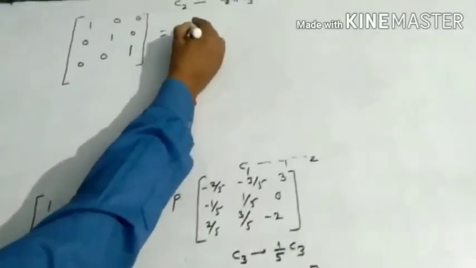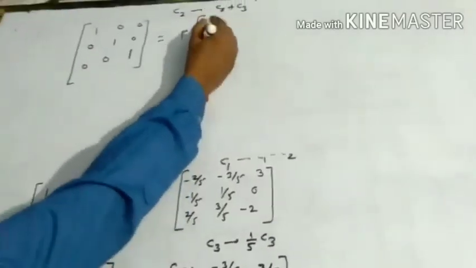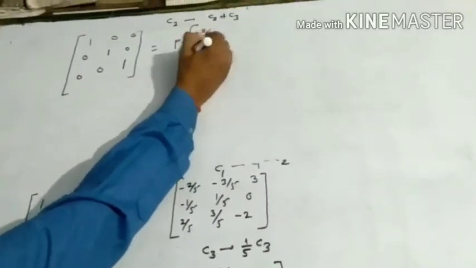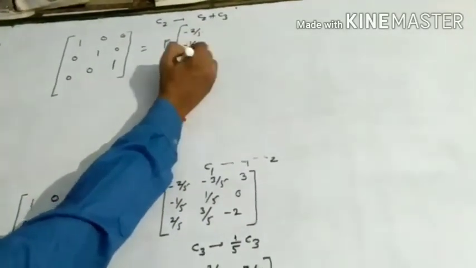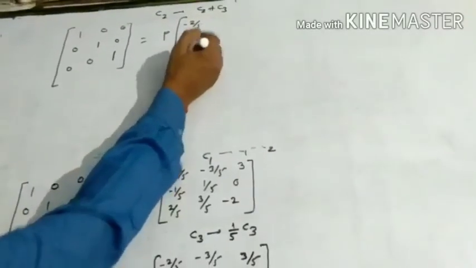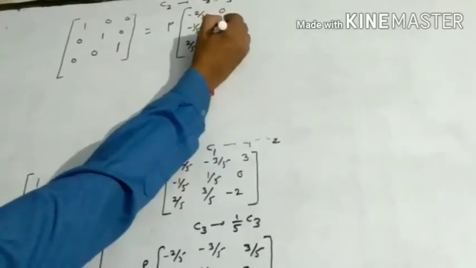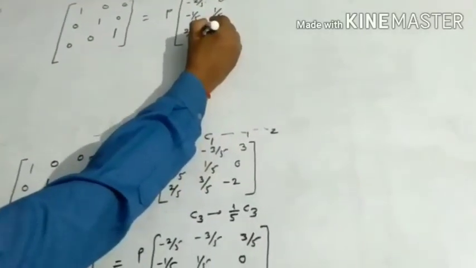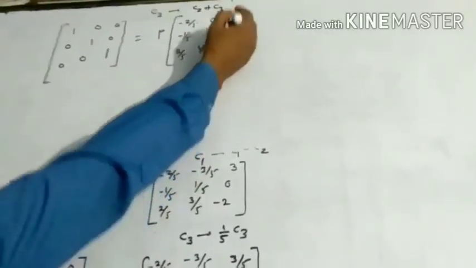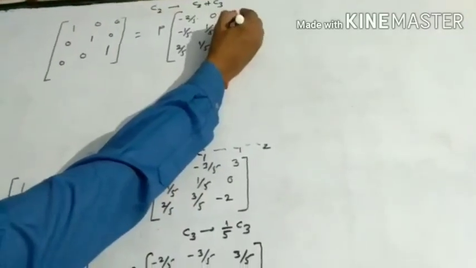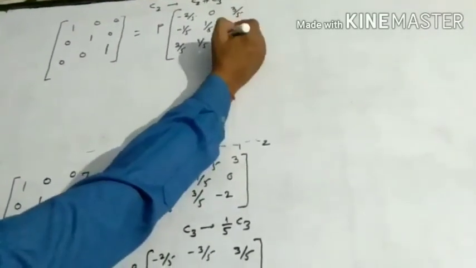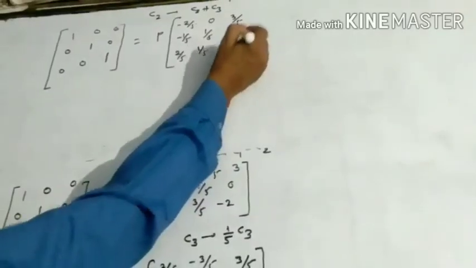On this side this is the P: -2 by 5, -1 by 5, 2 by 5, this becomes 0, and here this becomes 1 by 5, this also becomes 1 by 5, and here this is the 3 by 5, 0, and then -2 by 5.